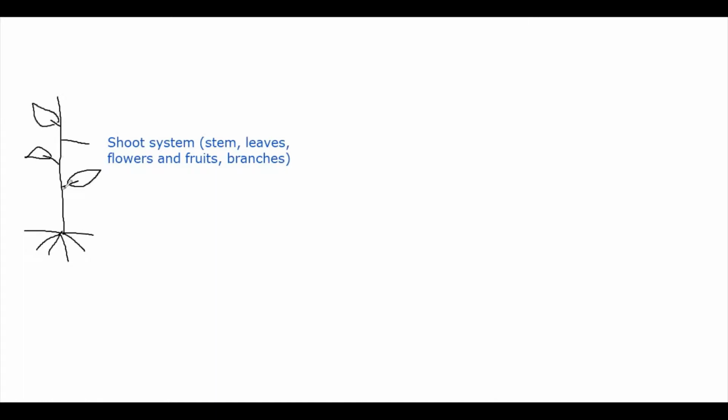Okay, so as this shows that it has leaves, there are two parts which are known as nodes and internodes. I'll show you what are nodes.